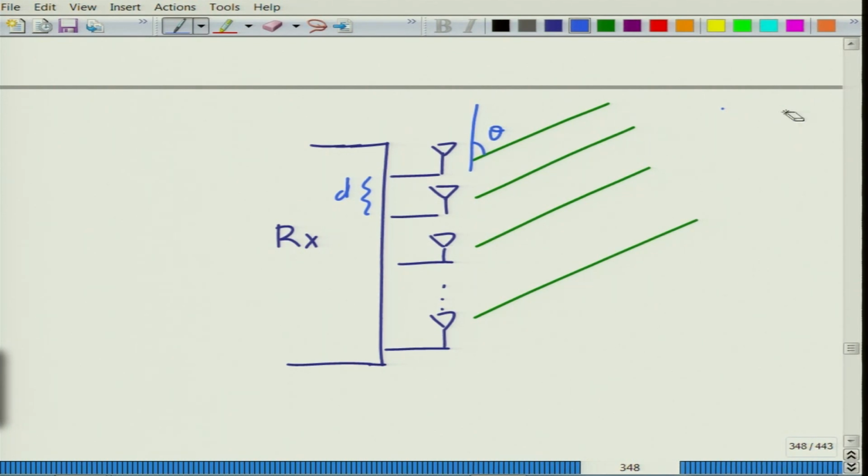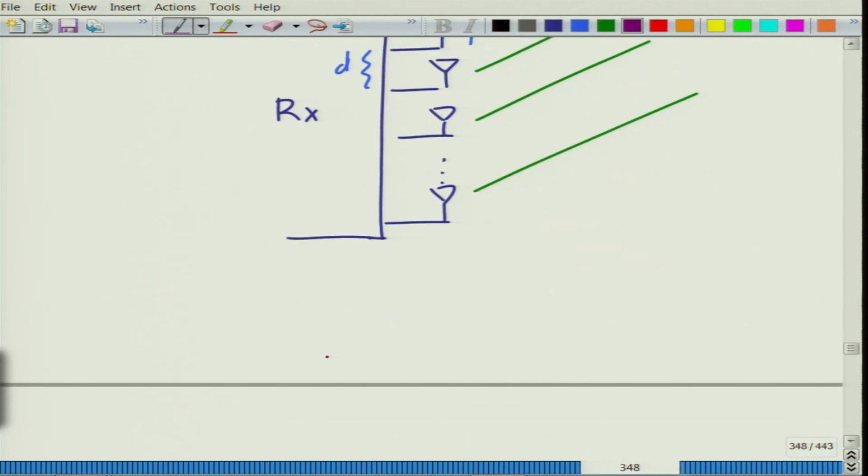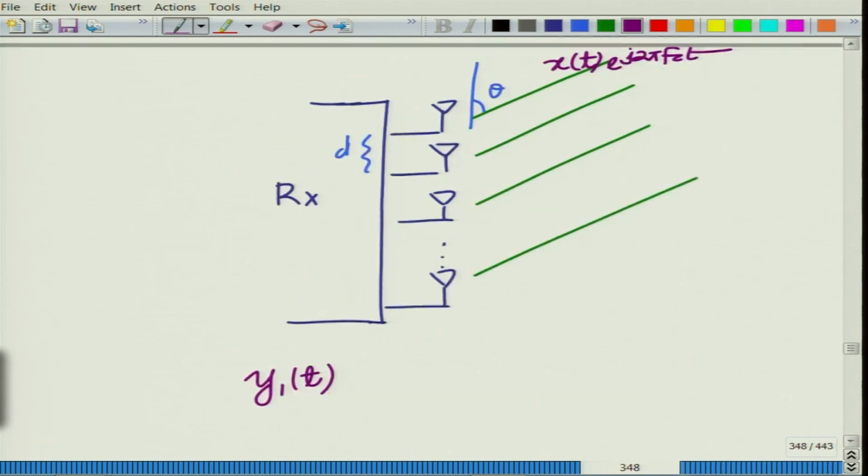This is the signal at the first antenna element, that is x(t) times e raised to j 2 pi f_c t. So, we have y(t). The signal at the first antenna, we can write this as y(t) or y_1(t), if I call that the output signal at the first antenna.